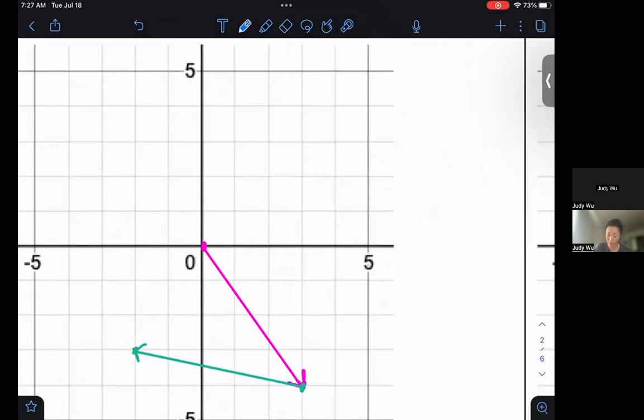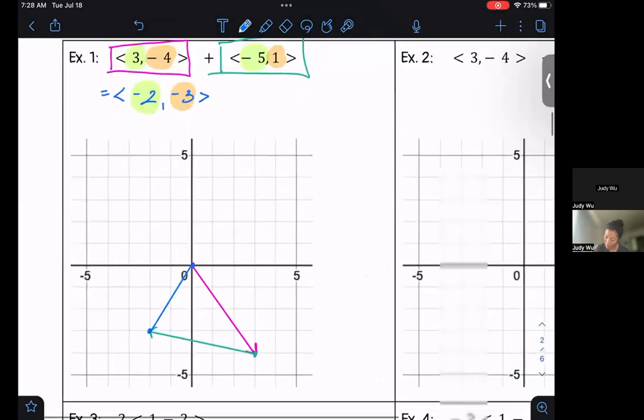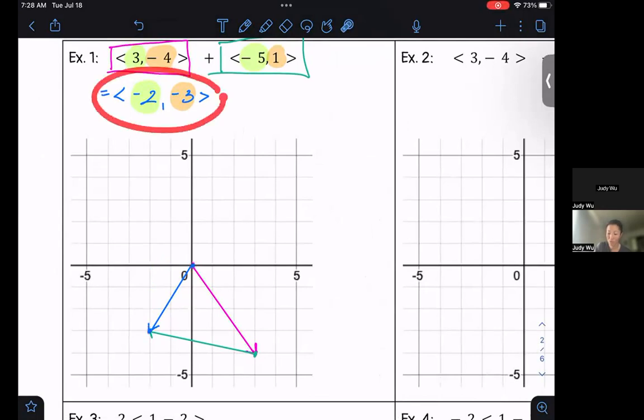What happens if I connect the head of this vector to the tail of that vector? I went from the origin 2 to the left and 3 down. 2 to the left and 3 down.